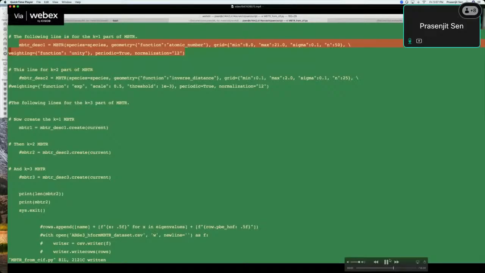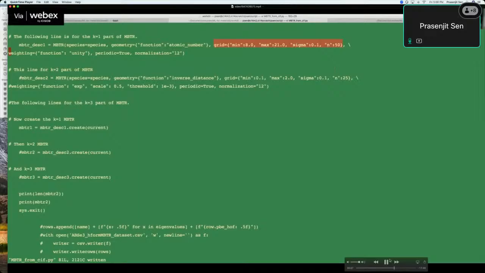What are the things here? Species with species, again the same thing. What are the elements that appear in the data set? Geometry function is just the atomic number, and that's the only option you have for G1. G1 R1 Ri is equal to Zi. And because my system contains sodium and chlorine with Z equal to 11 and 17, I have set the range of this function from 8 to 21.